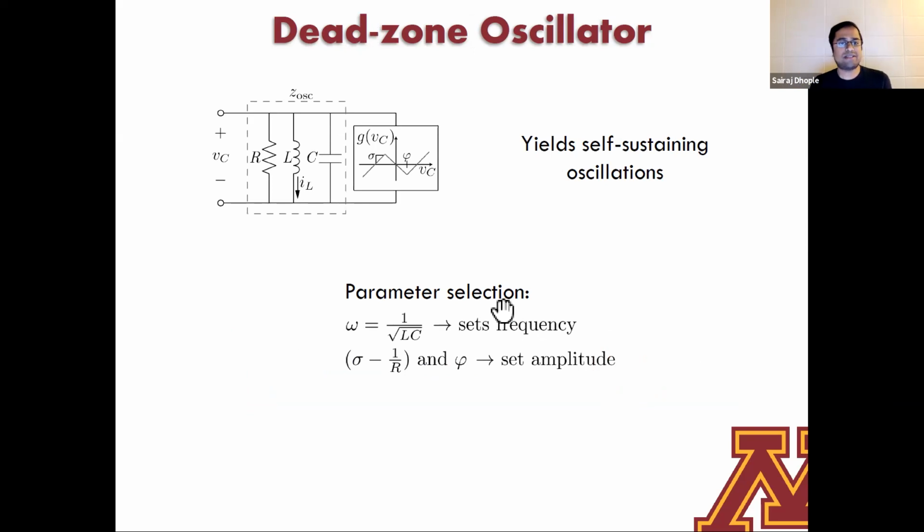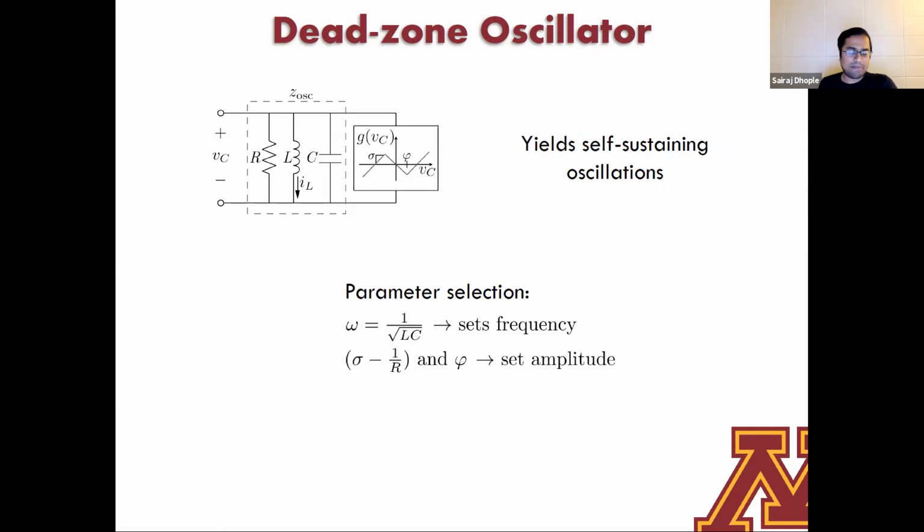So not only do I start with my fundamental kernel of my inductor and capacitor connected in parallel, I use a resistive element, and then I stick this nonlinear voltage-dependent current source at the ends of this linear circuit as well. And what this unit is now going to do is yield self-sustaining oscillations. The frequency of these oscillations is still going to be given by the resonant LC tank.